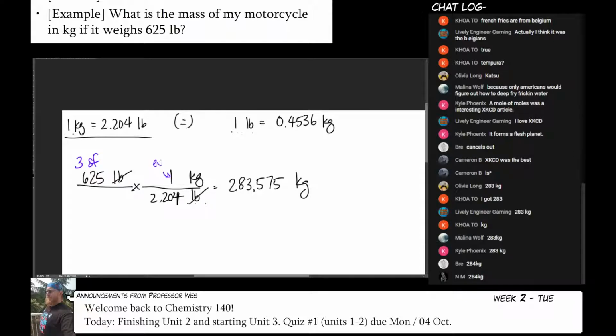This is exact. This number has 4 sig figs. This is the smallest one, so my answer should have 3 sig figs. So I would round this to 284 kilograms.